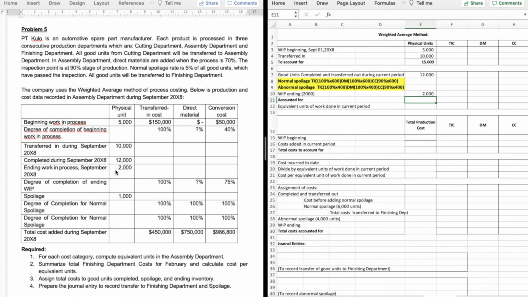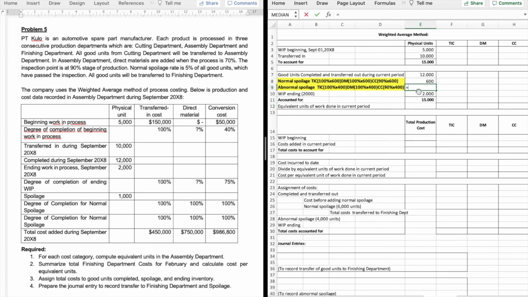So now we have to calculate the spoilage. We know from the information here that the normal spoilage rate is 5% of all good units. It means that we can calculate it by multiplying 5% with the good units. And here the accounted for is the same as the to account for in the previous calculation.